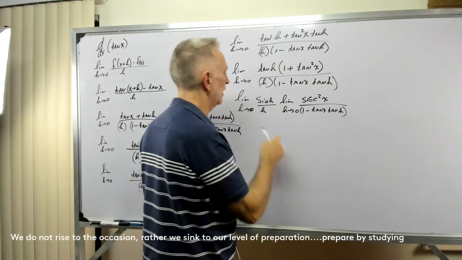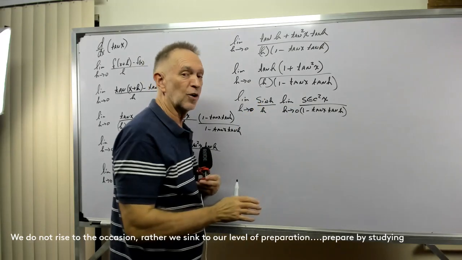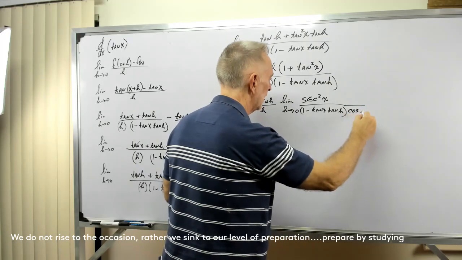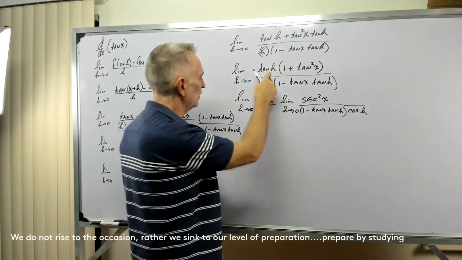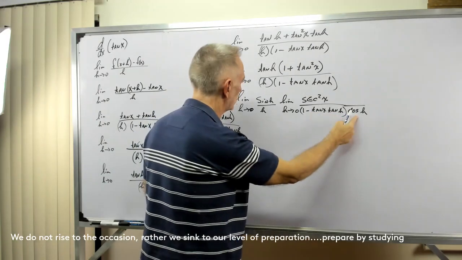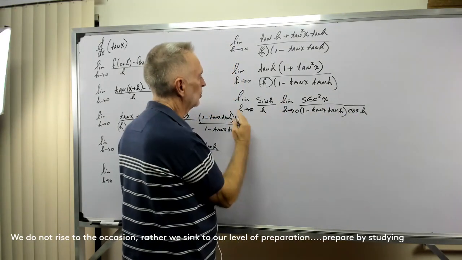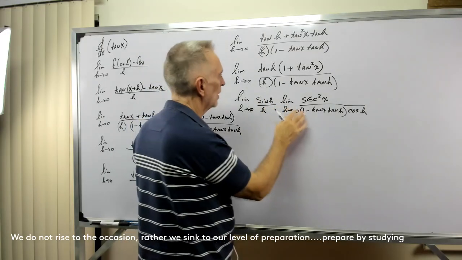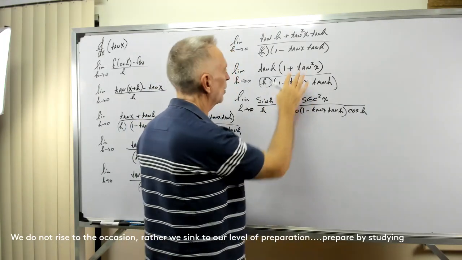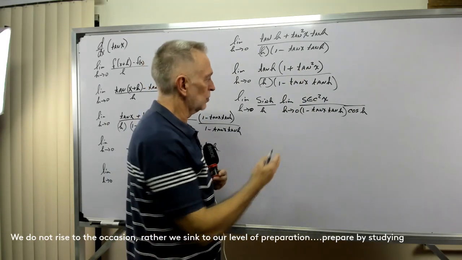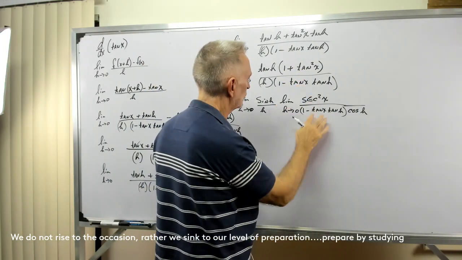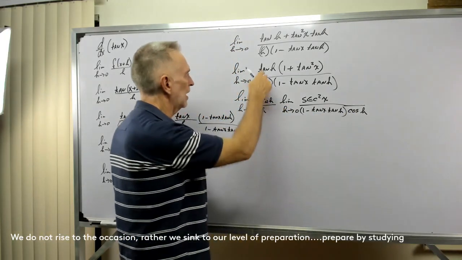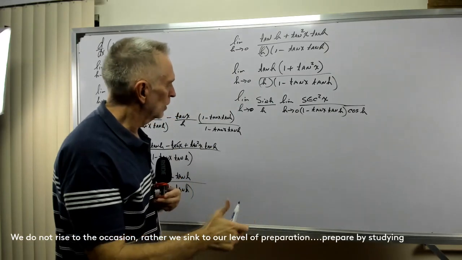I know what you're thinking. You think I forgot that cosine term, but I did not. I'm going to put it here: cosine h. So we took tangent and changed it into sine over cosine h. But I pulled this h over here, so now the h is with the sine. And I changed 1 plus tangent squared x to secant squared x. I still have this denominator, and the cosine went underneath that sine. It came from tangent.